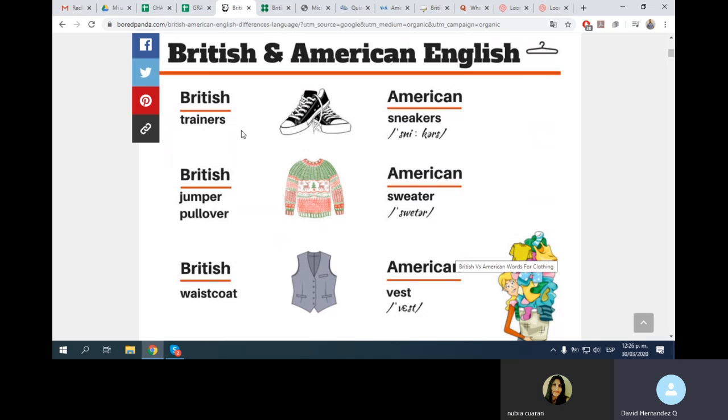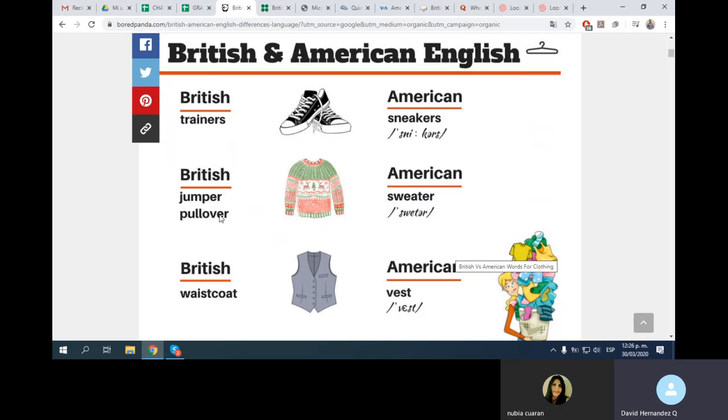Por ejemplo, los British a los tenis les dicen trainers, mientras que los American les dicen sneakers. O también he escuchado que les dicen tennis shoes. British a un saco o a un abrigo, sobre todo tejido, de esos de lana tejida, le dicen jumper o pullover.